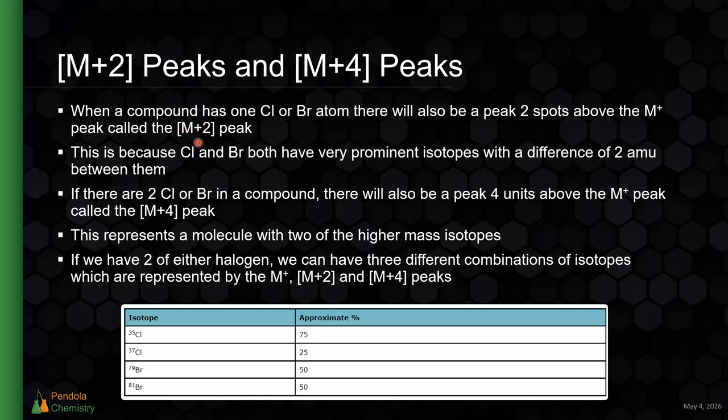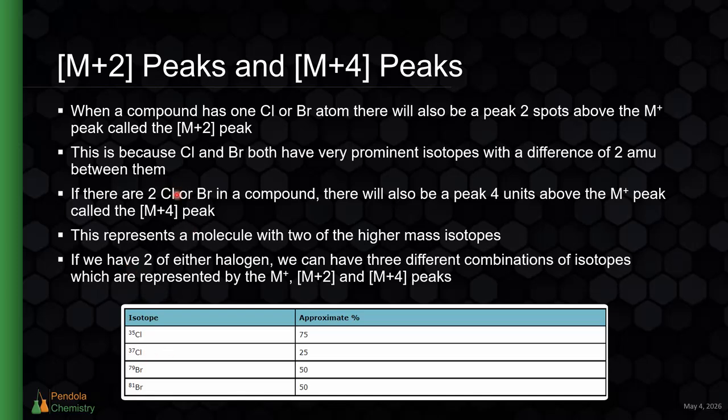So just like the 1 came from the carbon 13 having 1 more neutron than carbon 12, the n+2 comes from the chlorine 37 having 2 more neutrons than chlorine 35, or bromine 81 having 2 more neutrons than bromine 79.